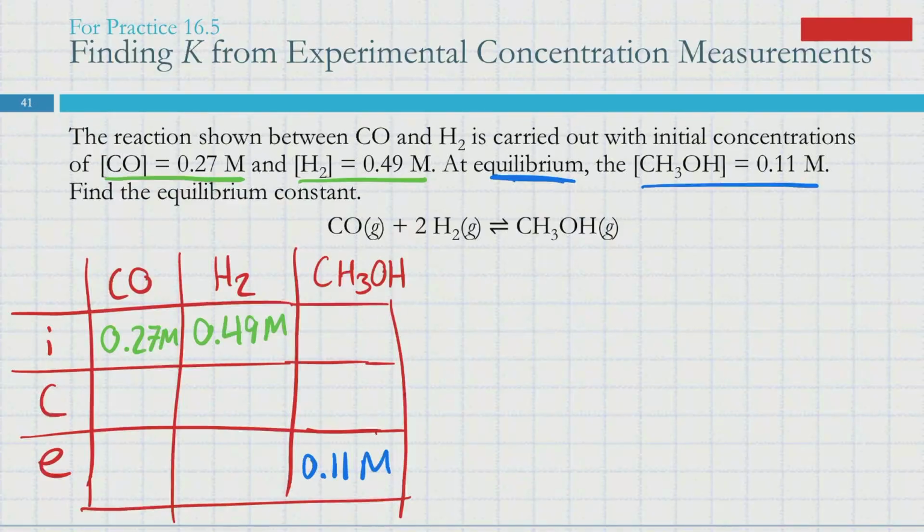Another thing that we have to do sometimes with these is make some assumptions. So we're not told that we don't have any methanol, but we're not told that we have methanol, right? So we're just going to assume that we don't have any methanol to start with, the CH3OH.